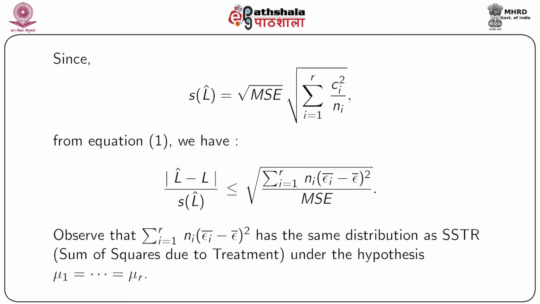Now let us observe that summation i equals 1 to r ni times (epsilon i bar minus epsilon bar) whole square has the same distribution as the sum of squares due to the treatment, under the hypothesis that all the mu are equal, so mu1 equals mu2 equals ... equals mu r.